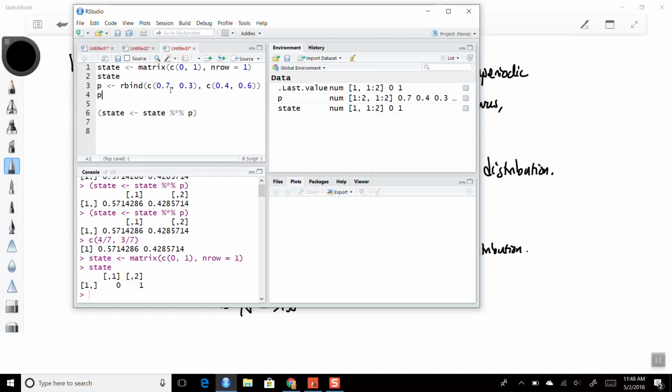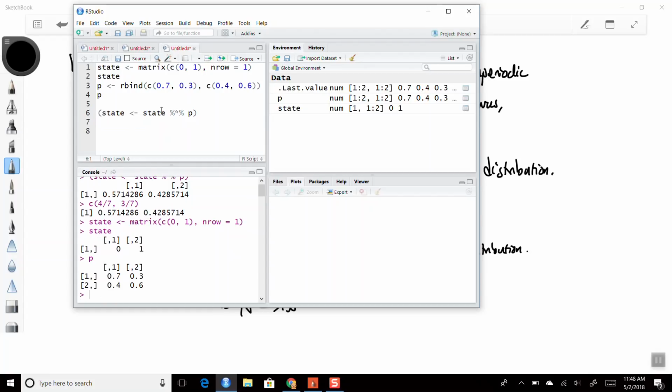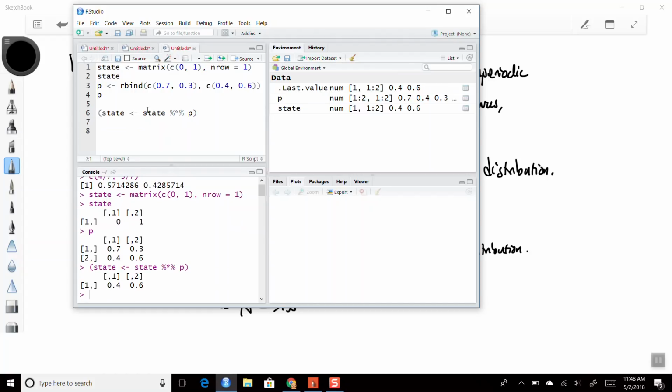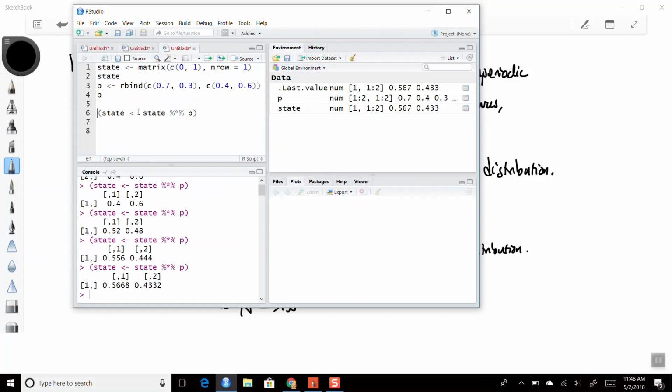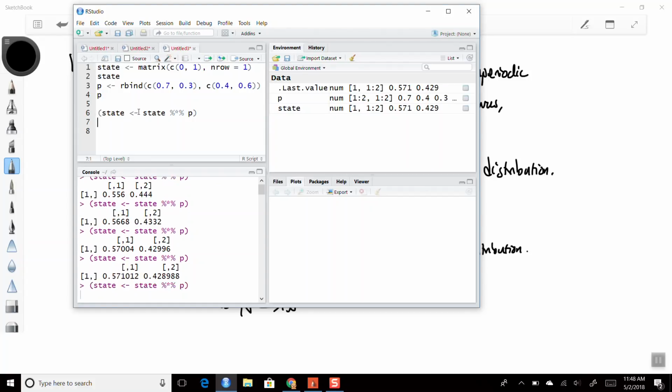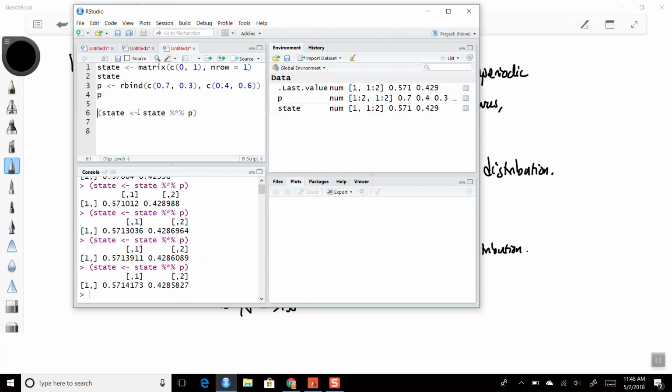I still have the same transition matrix P. So if 100% started off at B and not A, then after applying the transition matrix once, I have 40% at A and 60% at B. Then I apply it again, and I have 52% at A, 48% at B, and then I keep applying the transition matrix over and over and over again.